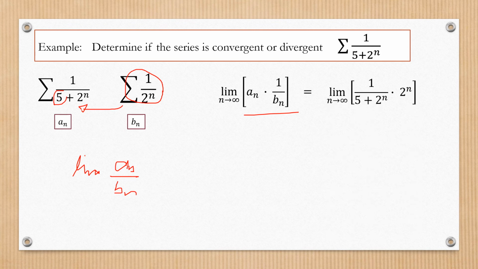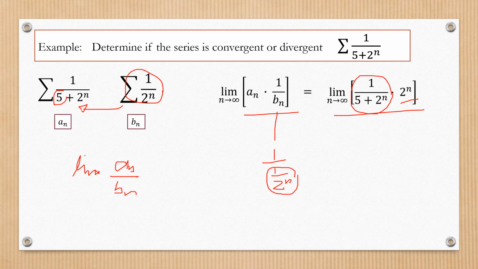So, An is 1 over 5 plus 2 raised to n. And our 1 over Bn is 1 over 2 raised to n. This is our Bn. And if we simplify 1 over 2 raised to n, it will be equal to 2 raised to n.